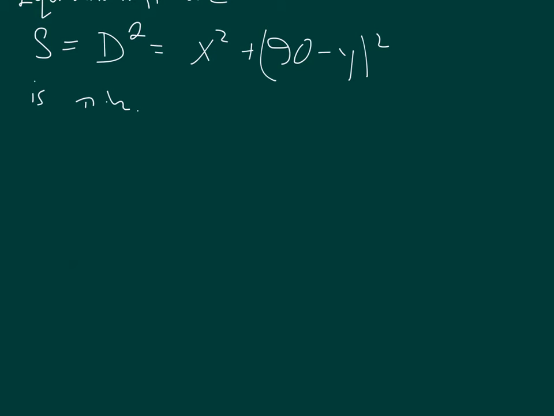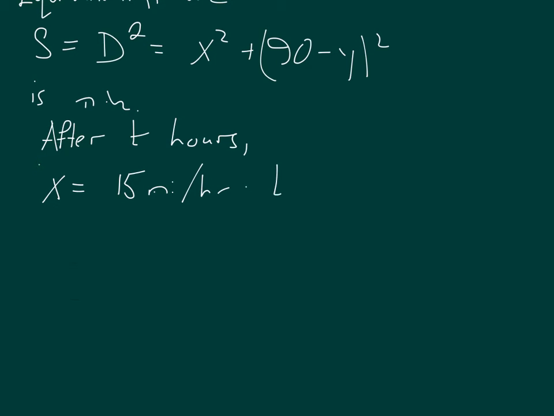So after t hours, what do we know? We know that x, the distance traveled by ship A, is equal to 15 miles per hour times t hours, which is equal to 15t miles, and y is equal to, well, ship B was traveling at 20 miles per hour, and so after t hours, y, the distance traveled by ship B, is going to be 20 times t.